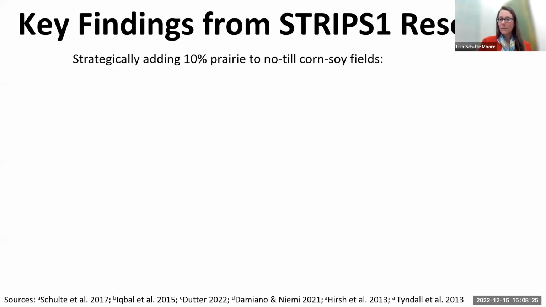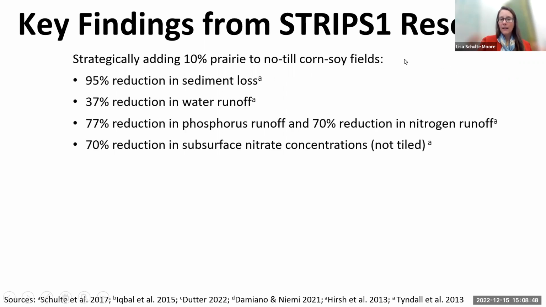And we found some pretty dramatic impacts in terms of what a 10% integration of prairie strips could do on a row crop agricultural field that was farmed according to no-till soil management techniques. What we found over time is by adding 10% prairie strips to that field, we would see improvements according to multiple environmental parameters.